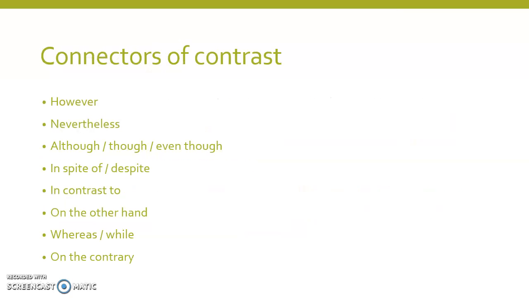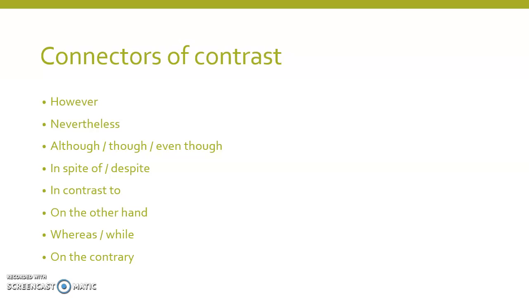And another type of connectors, guys, are the connectors of contrast. All of them are going to have this sense of pero or sin embargo. You are contrasting ideas that are contrary. For example, you are going to have however or nevertheless, they are sin embargo.